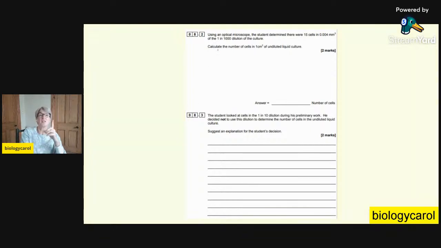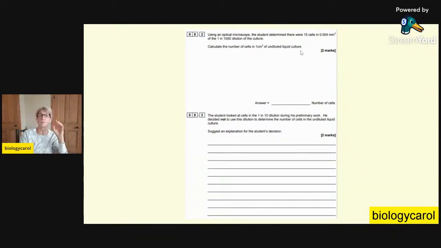Calculate the number of cells in a centimetre cubed of undiluted liquid culture. So we have a fraction of a centimetre cubed of the 1 in 1,000 dilution, and they want to know how many cells there would be in a centimetre cubed of undiluted culture, the original culture.